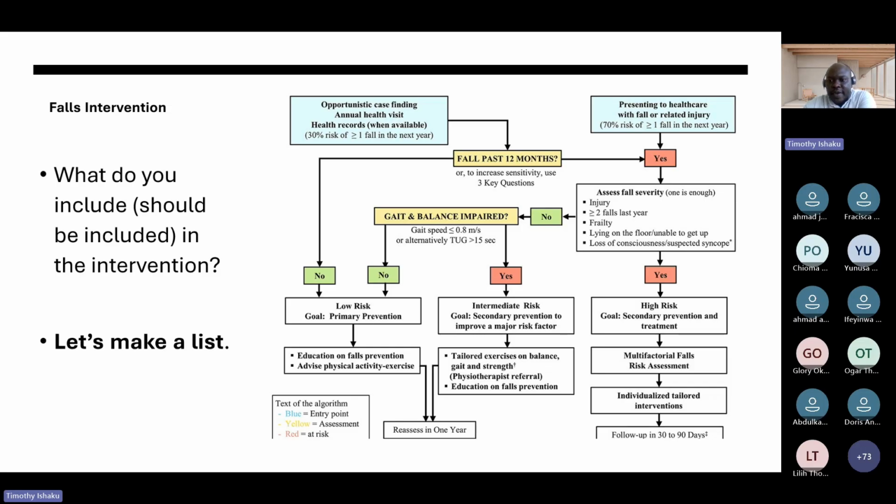Now let's come back to my slides. Let's make a list. In terms of intervention, based on what we said, we will assess, based on what we said is the problem. What should we include in your intervention in falls? You can put it in the chat box, or you can unmute yourself.